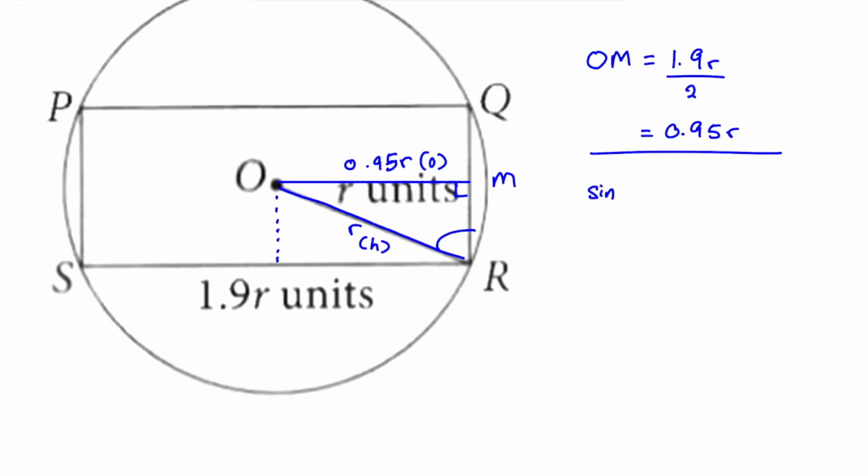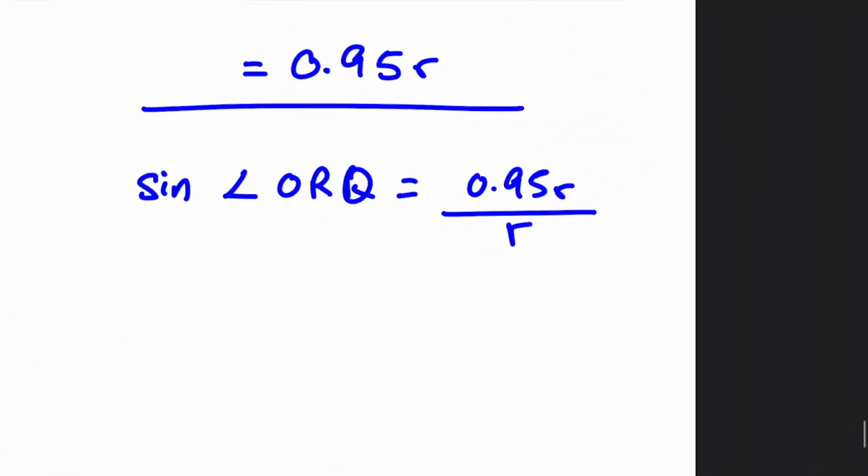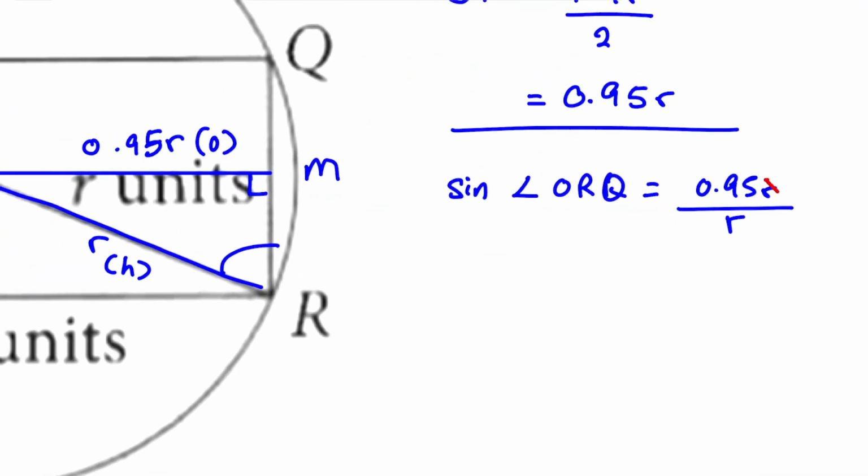So sine of angle ORQ equals 0.95r over r. Then I can cancel out my r, and this is replaced with 1.